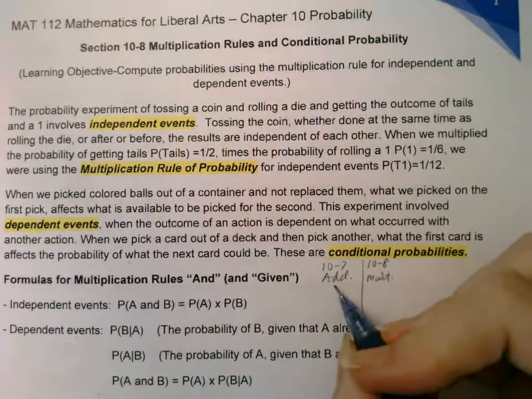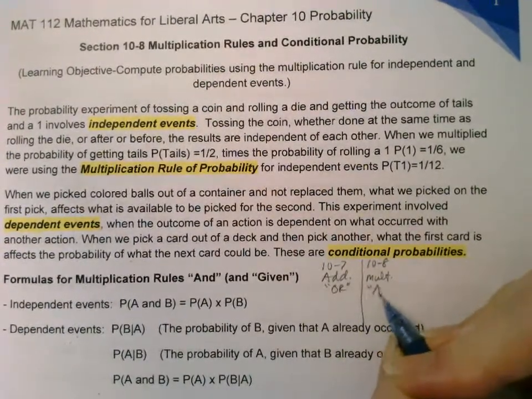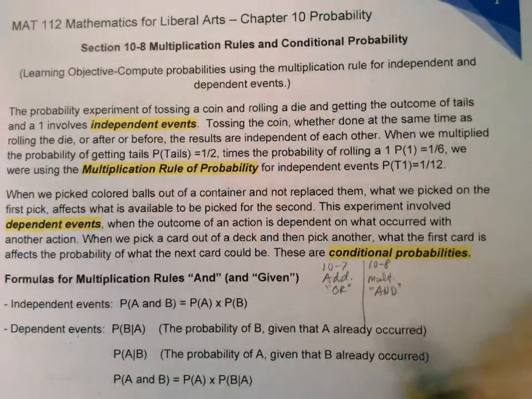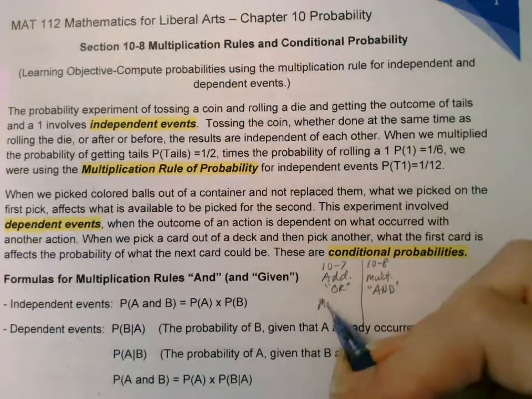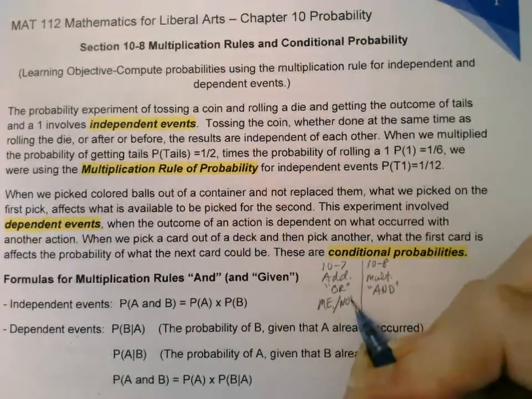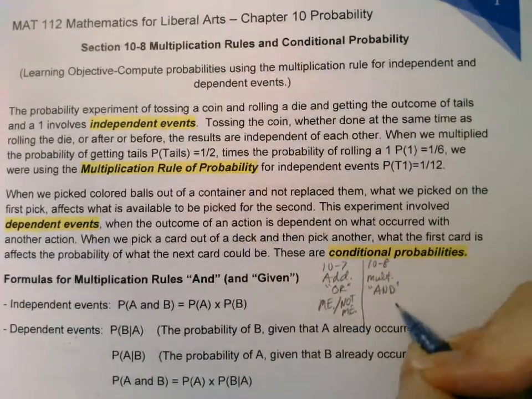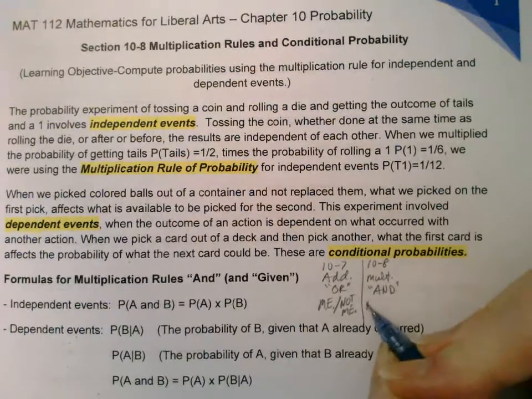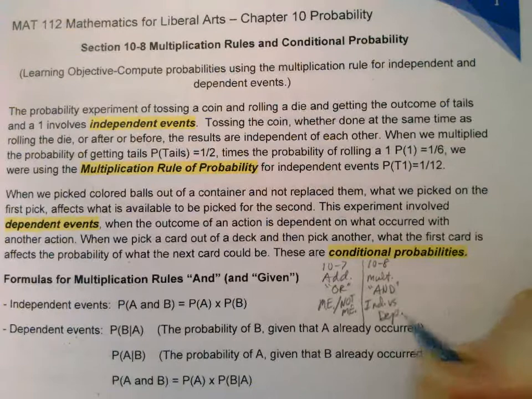The addition rule had to do with or problems. The multiplication rule has to do with and problems. And for the addition rule, you have to understand what's mutually exclusive events versus not mutually exclusive events. Well, for the multiplication rule, you have to understand what is independent versus dependent.